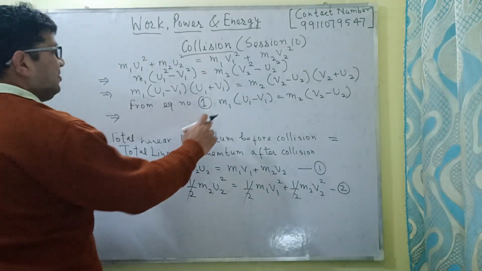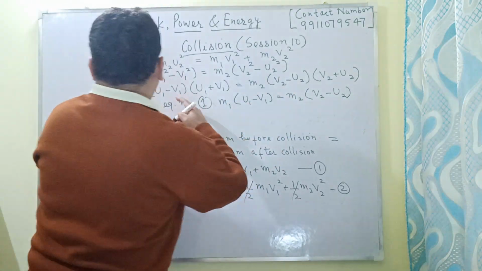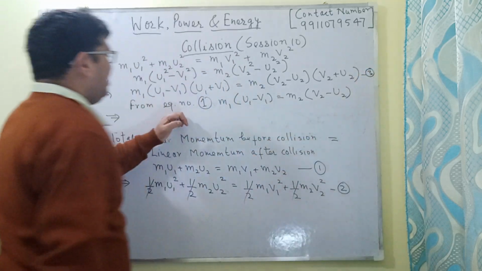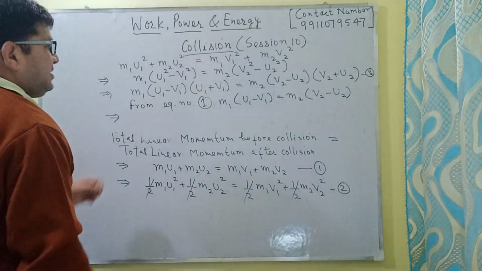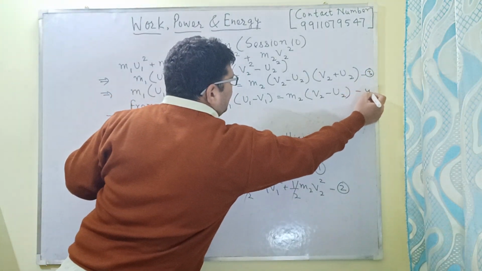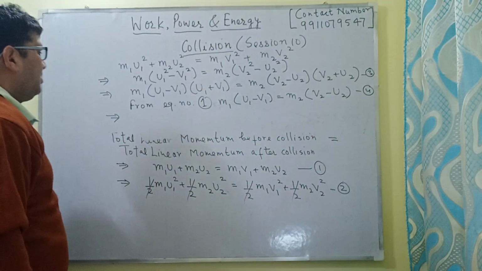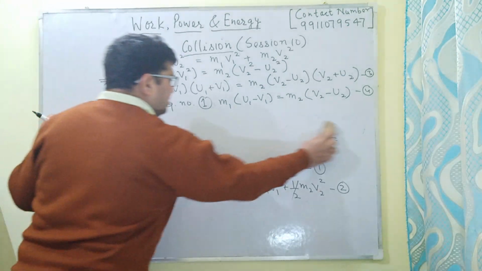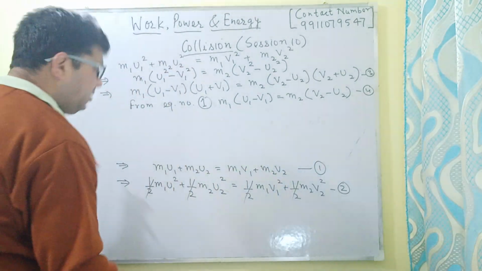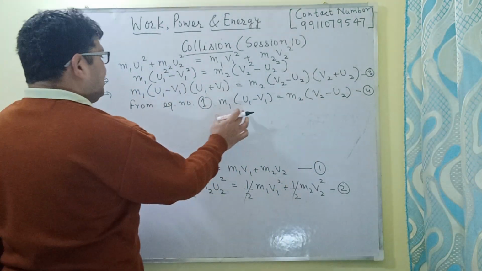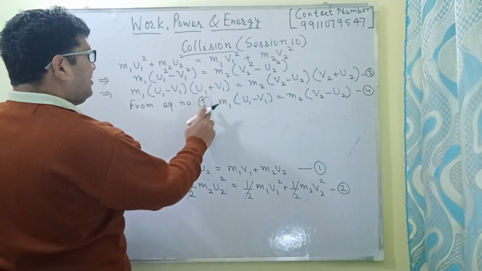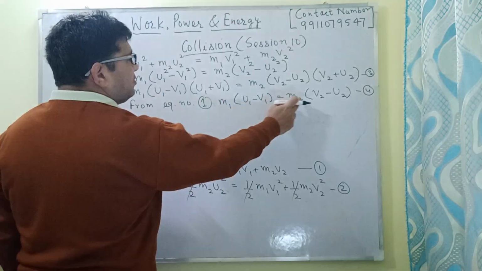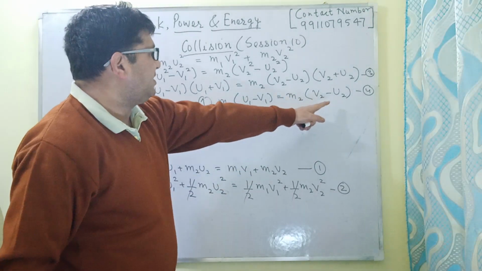Let us say this is equation number 3, and let us say this is equation number 4. So from equations 3 and 4, you can see that m1 u1 minus v1 is equal to m2 v2 minus u2.